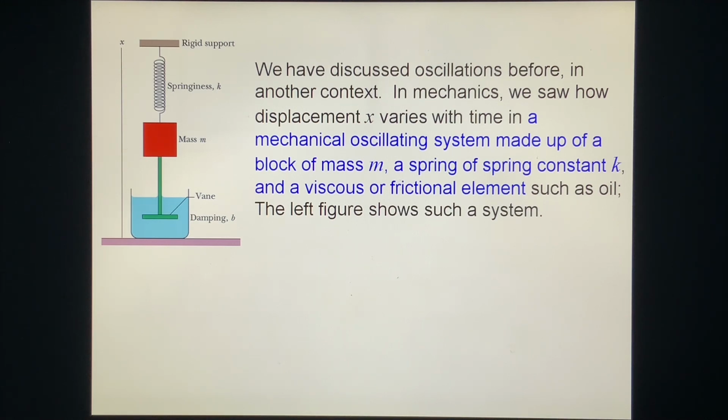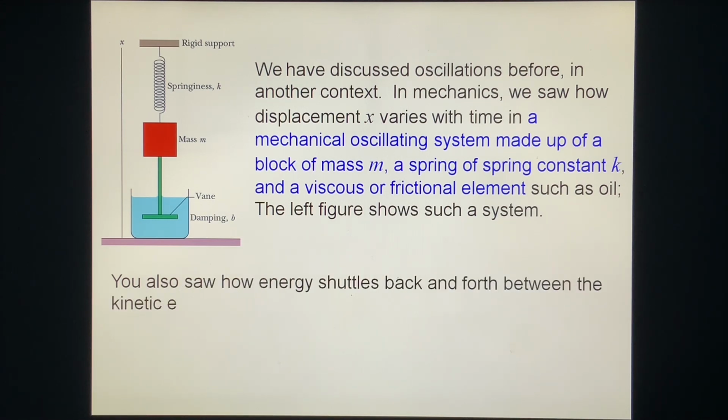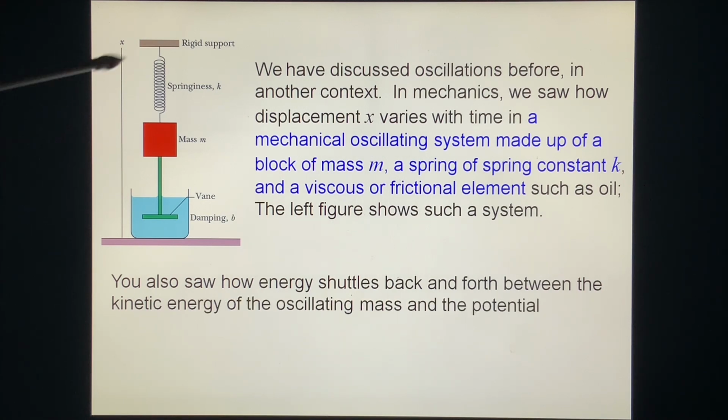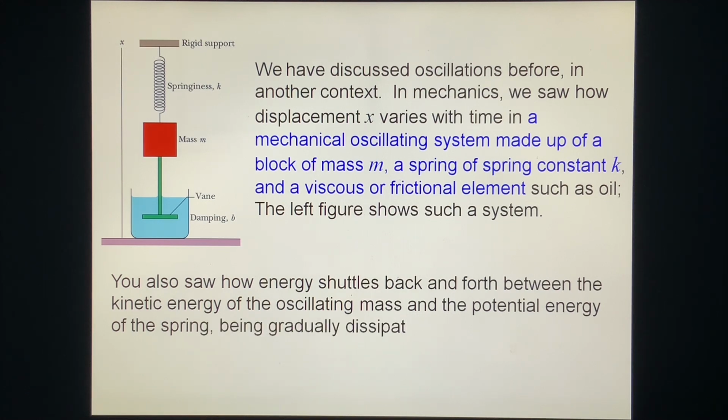The latter figure shows such a system. You also saw how energy shuttled back and forth between the kinetic energy of the oscillating mass and the potential energy of the spring, being gradually dissipated as thermal energy while the oscillations continue.